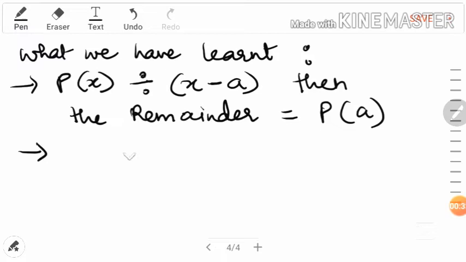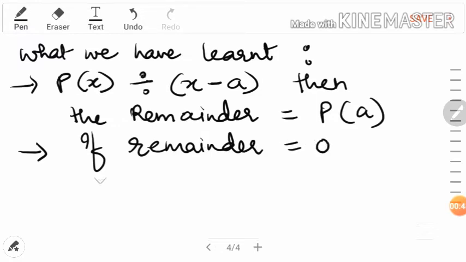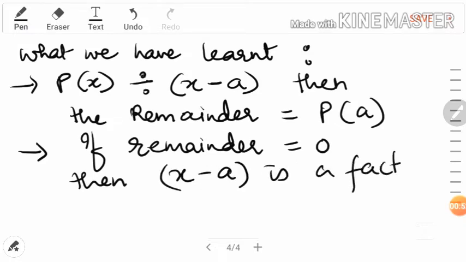And we also know that if the remainder is 0, then x minus a is a factor of p of x. Of course, p of x should be a polynomial with degree greater than or equal to 1, and a is any real number.